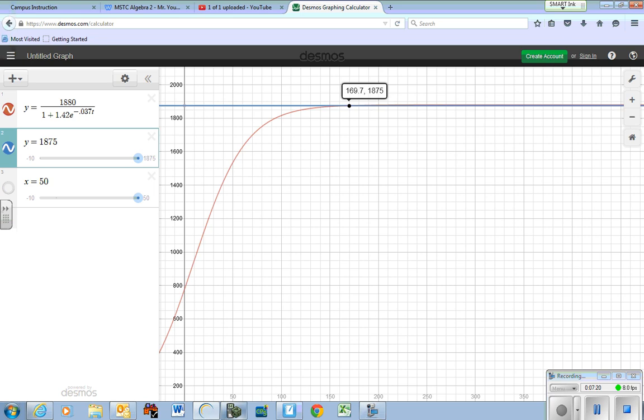All right, so it's going to level out and take a long time, right? This is a long period of time, 170 years. But, you know, I assume that a new crop of baby fish happens every year, and that's going to slowly adjust over time. But in your graphing calculator, you would graph the function, you would graph y equals 1875 and see where they cross, okay?